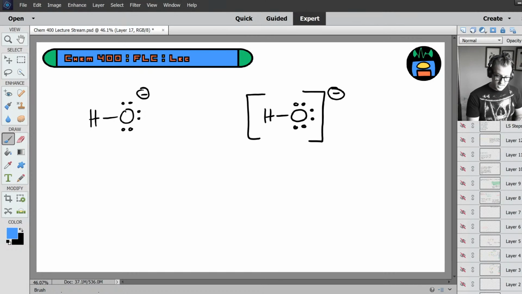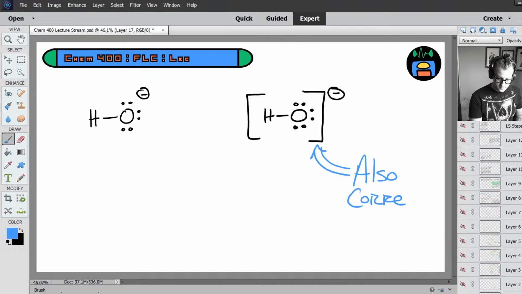All right. This right here is also correct. So you can do it that way, and it is 100% correct. There's a warning, though.